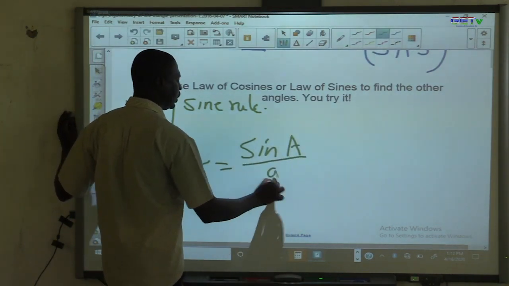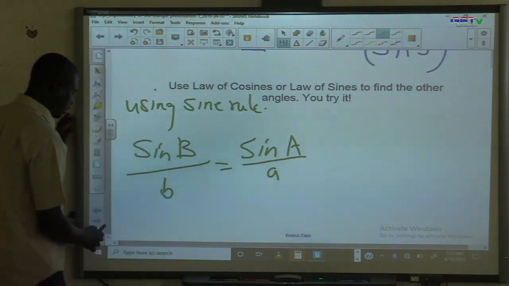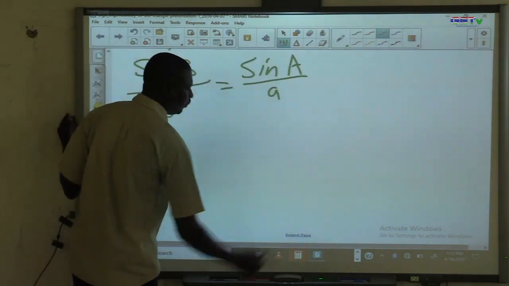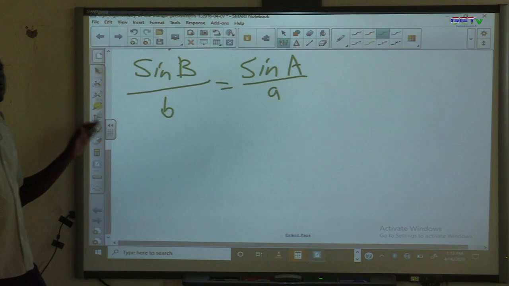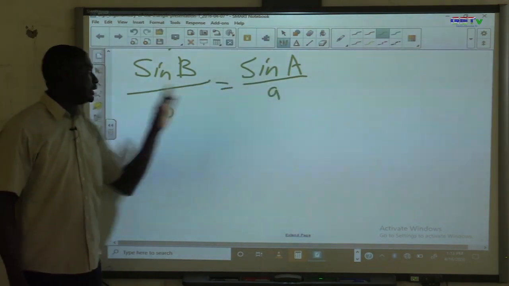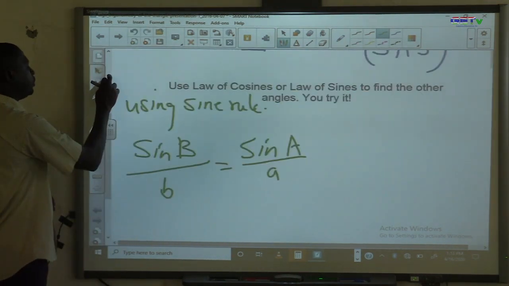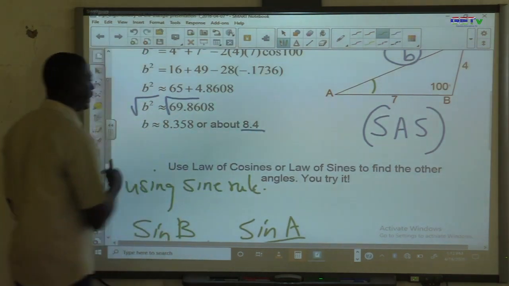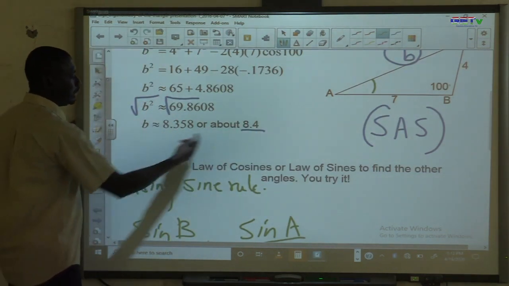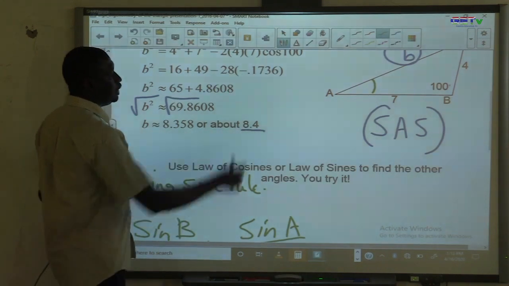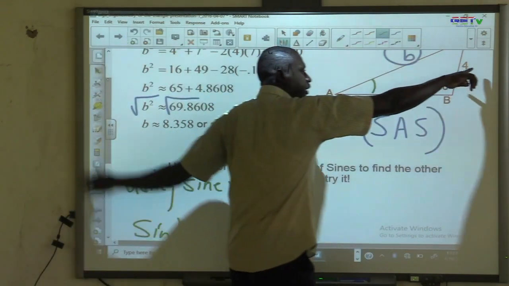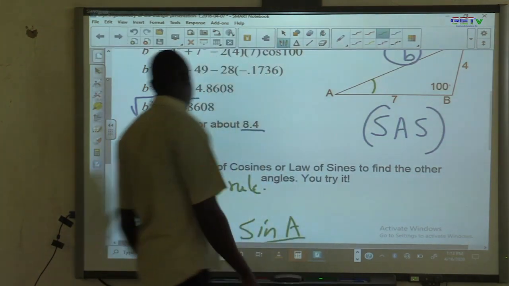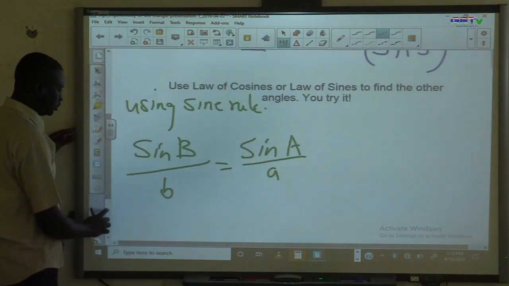Then we substitute and find our value of angle A. The angle B is 100, and small b is 8.4. The small a, the length of A, is 4 as well, so we'll substitute them in.